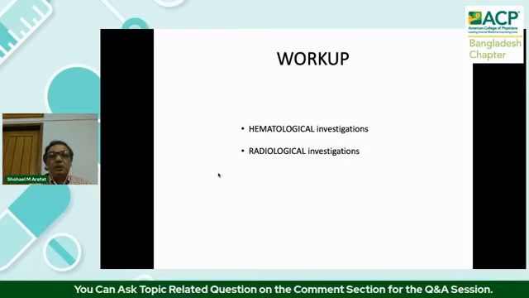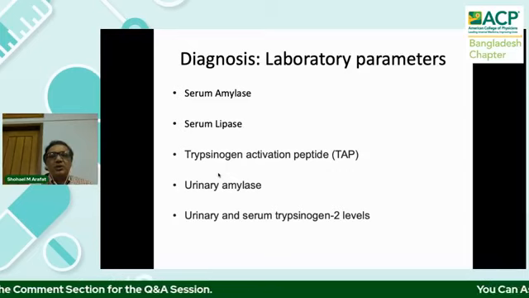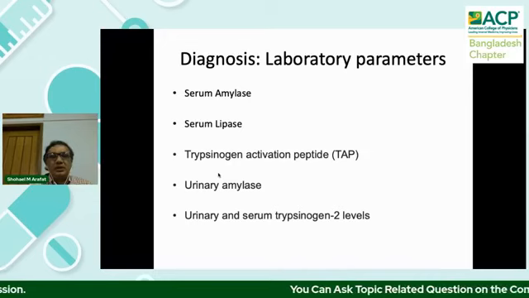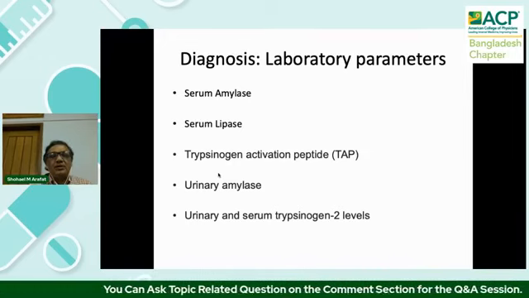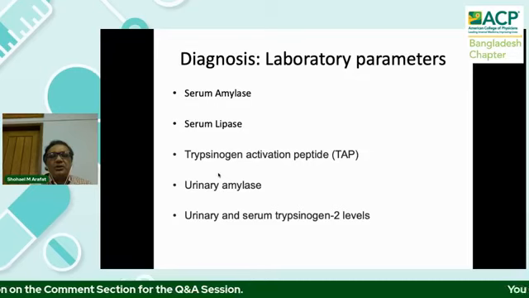At first, you should go for hematological investigations. These are the specific lab markers to make the diagnosis of pancreatitis. What biochemical help can we get? There is serum amylase, serum lipase, trypsinogen activation peptide, urinary amylase, and urinary and serum trypsinogen 2 levels.